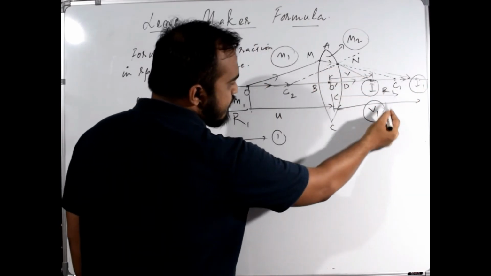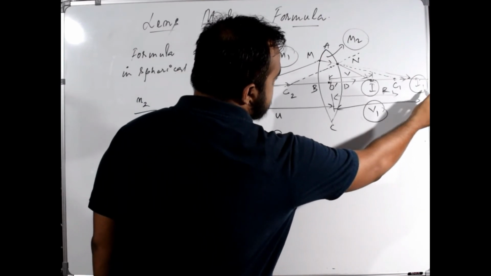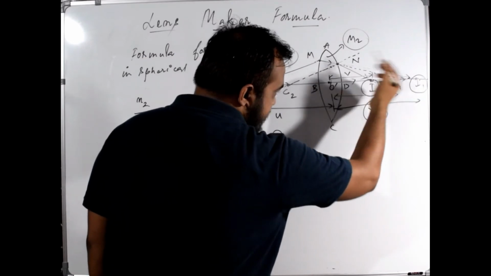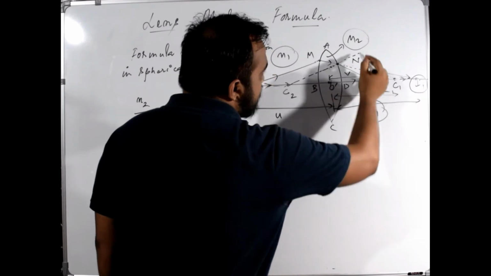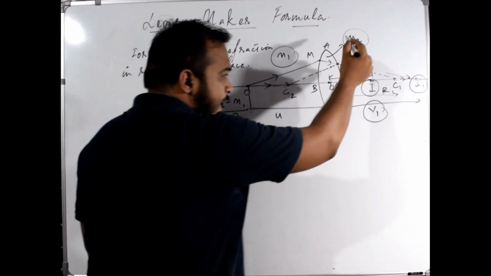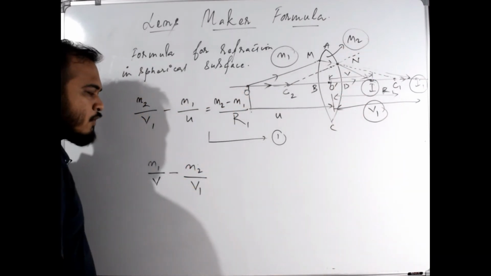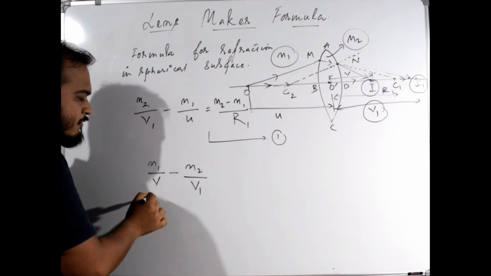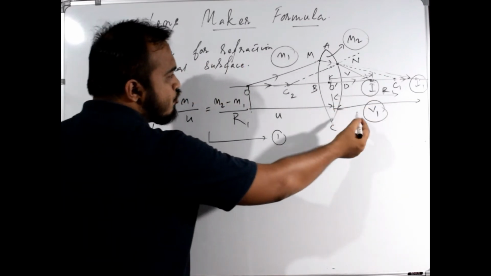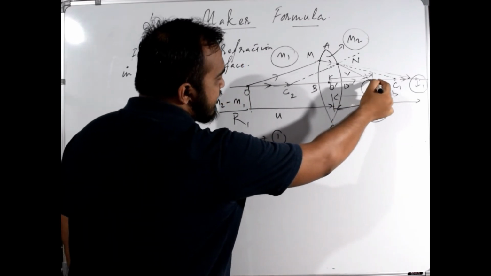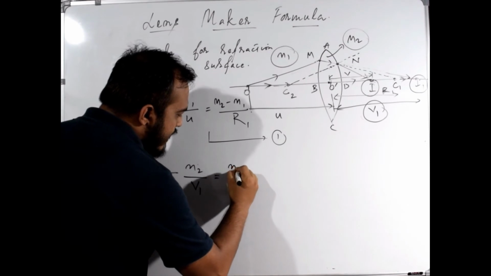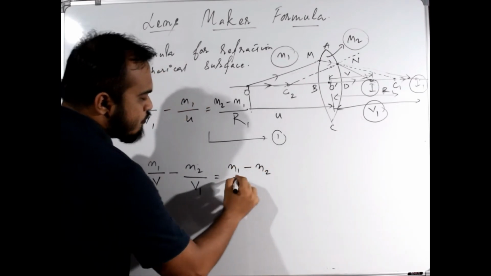N2 divided by V1, because this object is present on the side of the refractive index N2. And N1 divided by V, since the distance from O dash to I is V, the final image. So N1 divided by V minus N2 divided by V1 is equal to N1 minus N2.